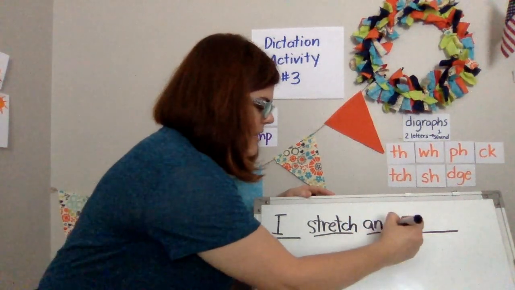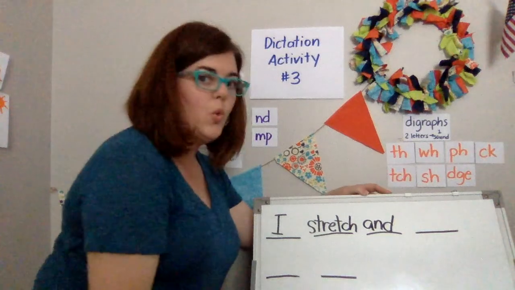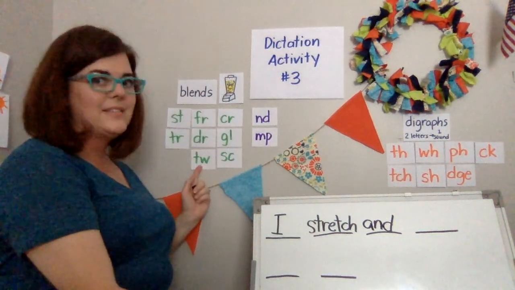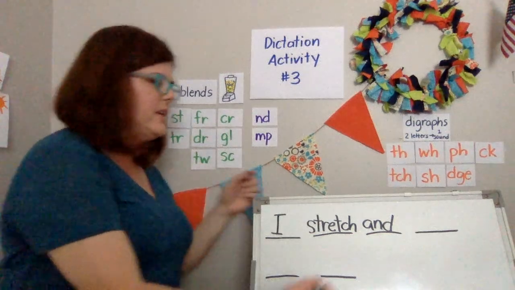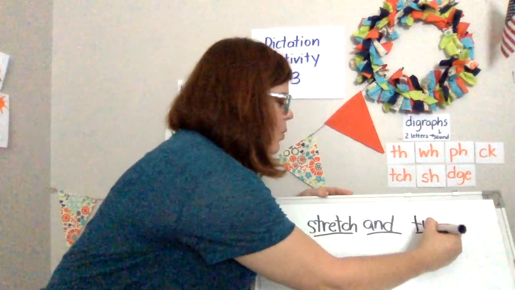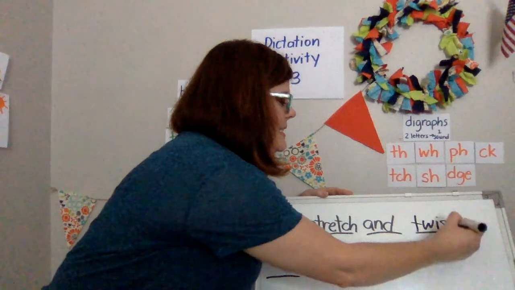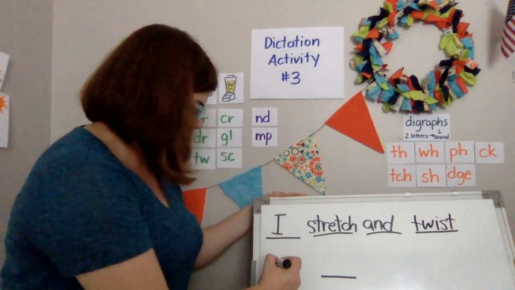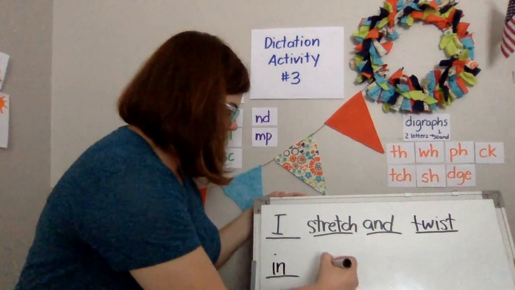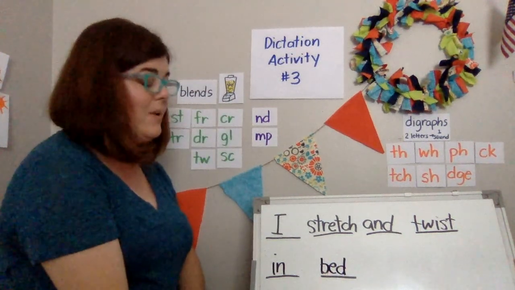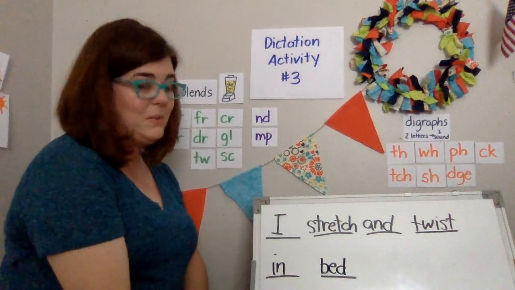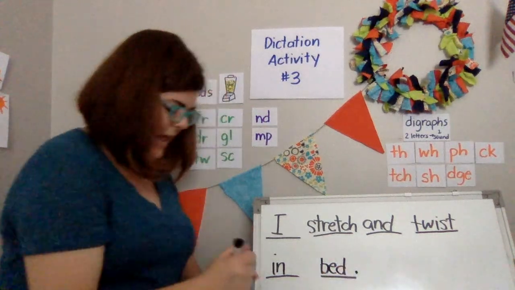And that's a hard word. Twist. Oh, I remember that's a blend. I hear a little bit of the T and a little bit of the W. Twist. In bed. I'm telling somebody. I might tell somebody that when I wake up in the morning if I didn't sleep well. So I'm going to put a period at the end.